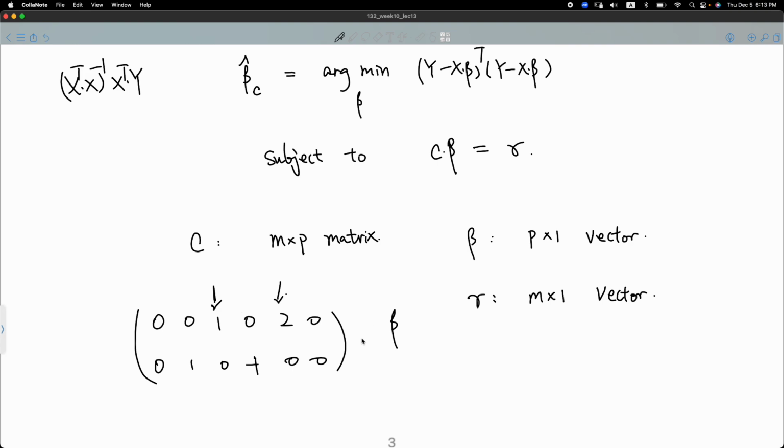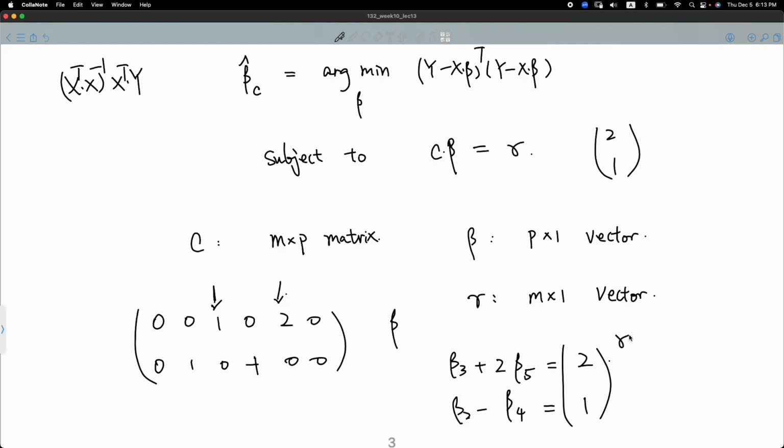So this is saying that your beta 3 plus 2 copies of the beta 5 is equal to, let's say, 2, where the gamma is 2 and 1. And this one is saying that the beta 2 minus the beta 4 should be equal to 1. So this will serve as your gamma.